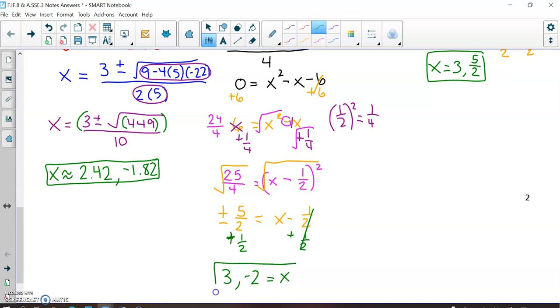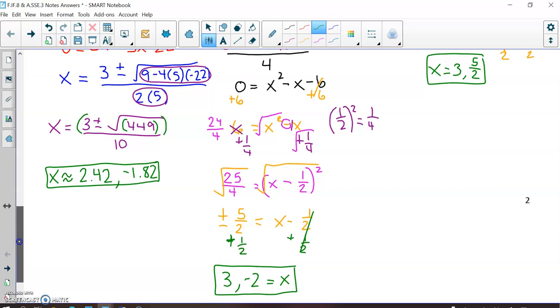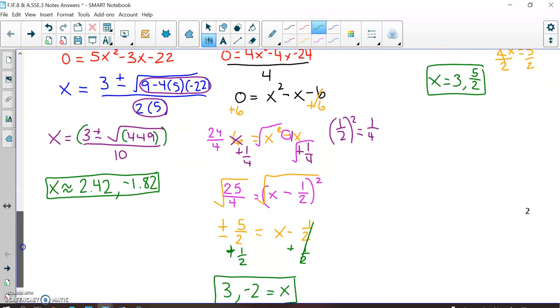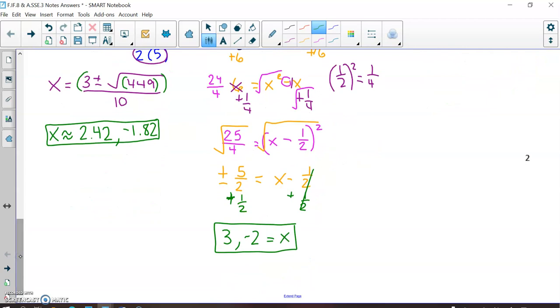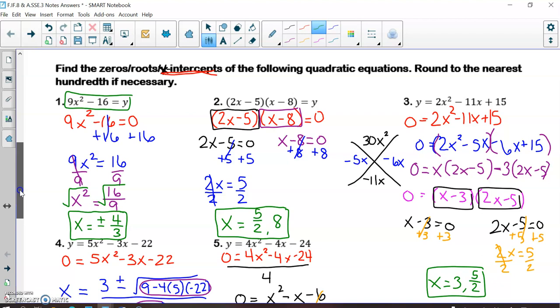So I wind up with the x values of 3 and negative 2, which are my solutions, my roots, or my zeros, meaning that if I graphed this quadratic equation, the parabola would intersect the x-axis at the points 3 and negative 2.